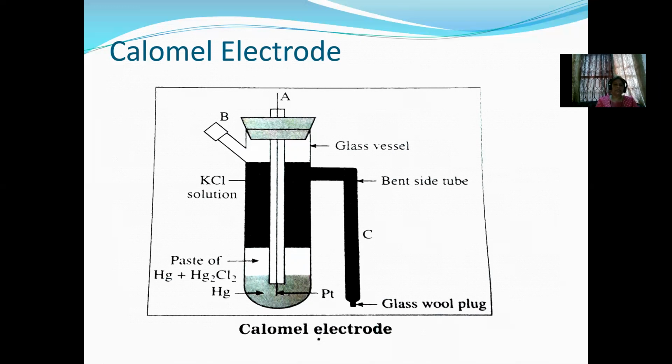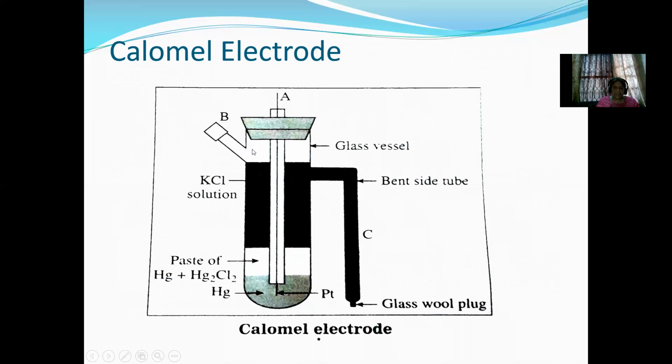It is used in ordinary chemistry laboratories for various important purposes. So when we are handling engineering chemistry laboratory practical experiments, we are using the Calomel electrode.